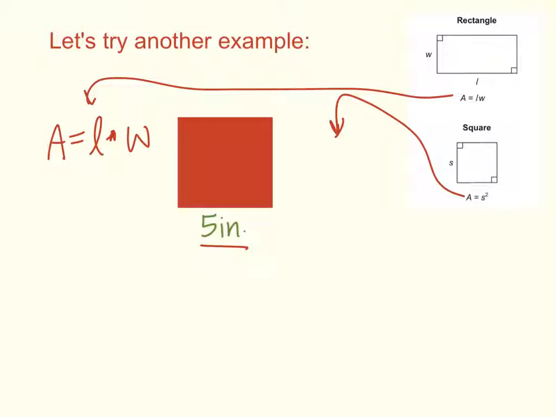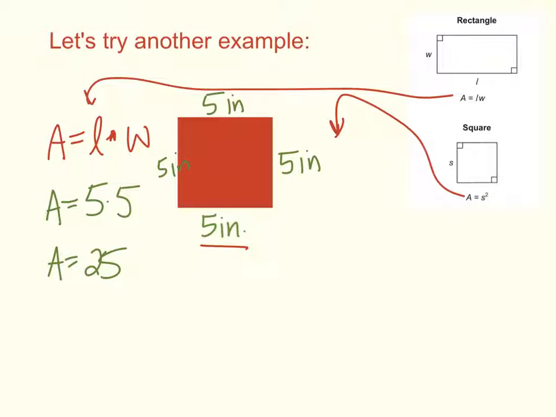If we know that one side of our square is 5 inches, that means that all the sides of my square are 5 inches, because a square has 4 equal sides. So when I'm finding my area, I'm just going to multiply 5 times 5. That means my area would be 25. 25 what? 25 inches squared. So that's my answer using my rectangular area formula.